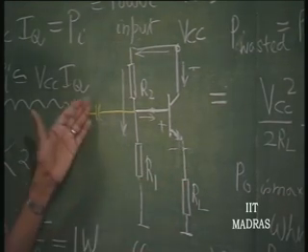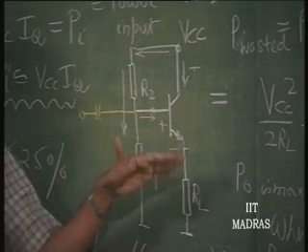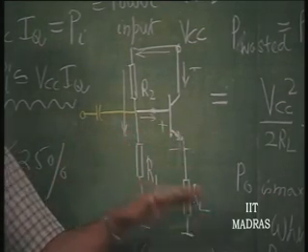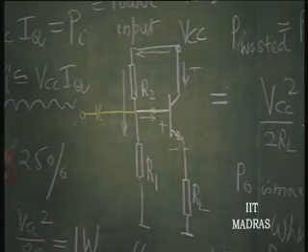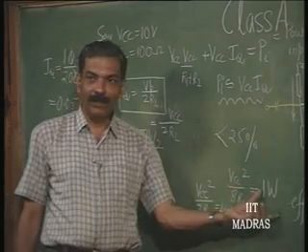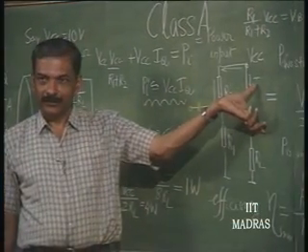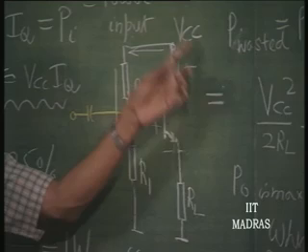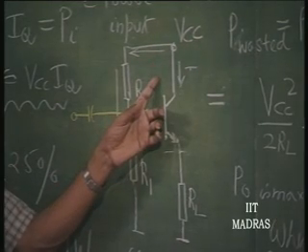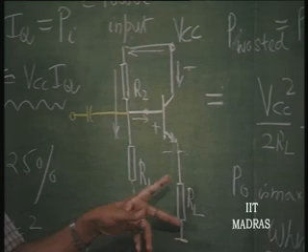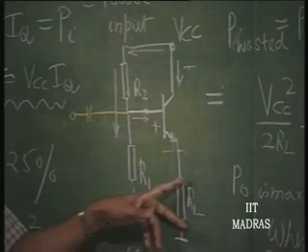Under the signal situation, it will dissipate less, because some of the power is converted into signal power. So, the transistor that you use for delivering 1 watt should handle 2 watts, but the circuit actually is going to dissipate 4 watts under quiescent situation, because that is a DC power that is dissipated here.